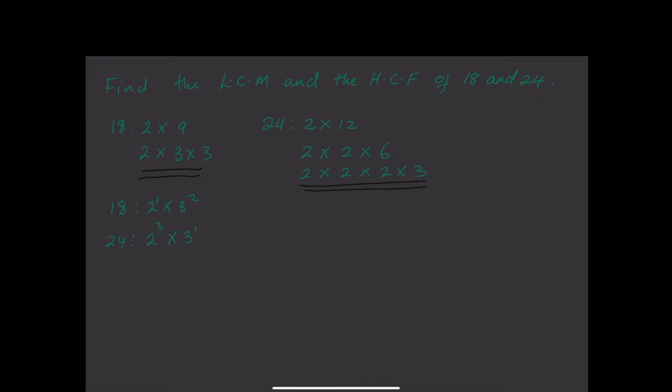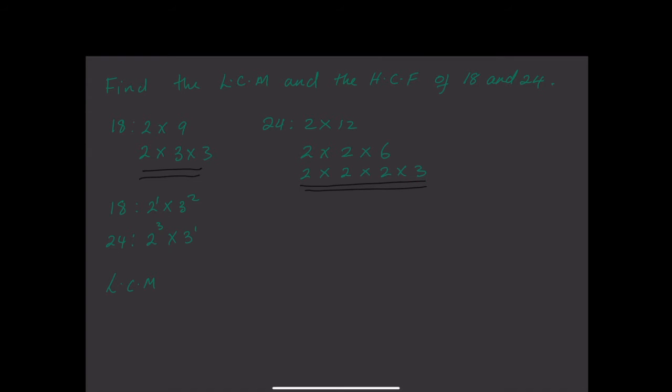Now to find the lowest common multiple, what we're going to do is compare the bases and have a look at the powers. In this case, we're going to have a look at the base 2. And we're going to choose the base with the power that's the biggest.